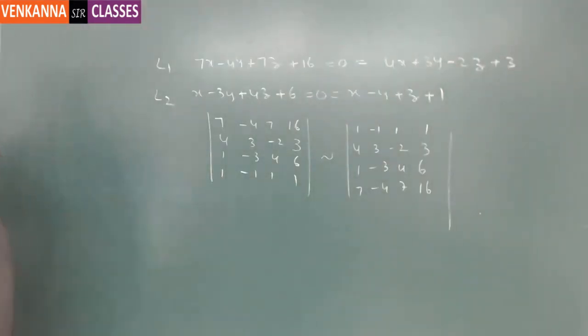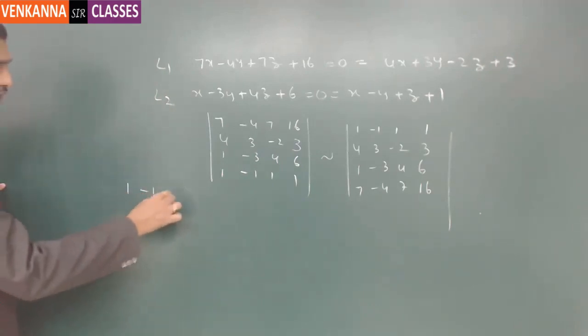Now, if we apply the row operations, R2 tends to R2 minus 4 R1, etc., it is going to come as 1, minus 1, 1, 1.